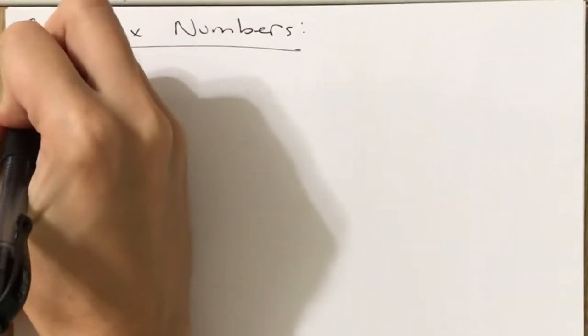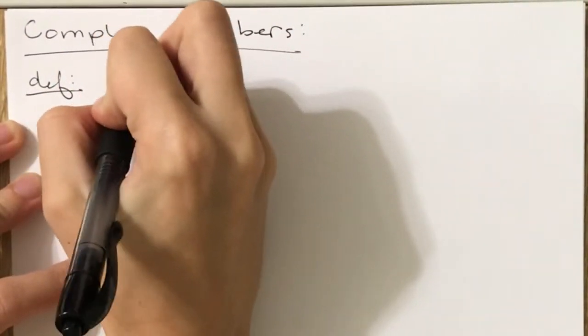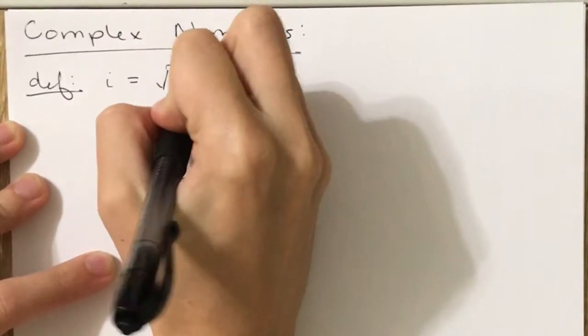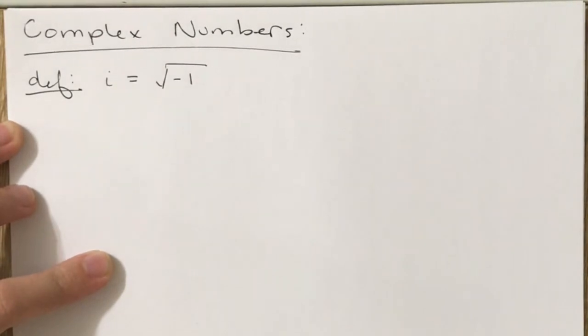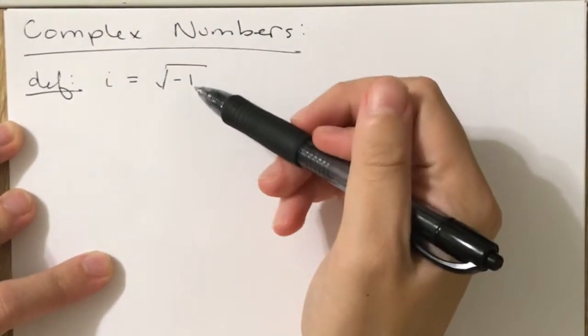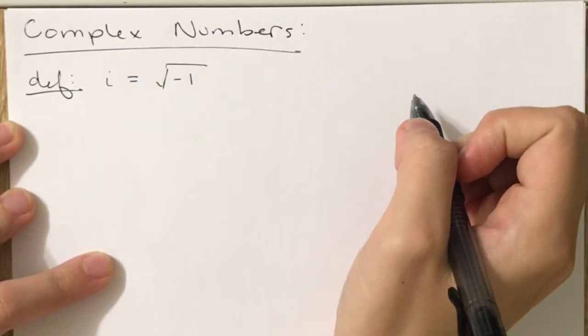Let's get into it. So, definition. This is the shortest definition we'll have all semester. i equals the square root of -1. Now, how can we do this? Haven't we been saying all semester that we can't take the square root of a negative number?